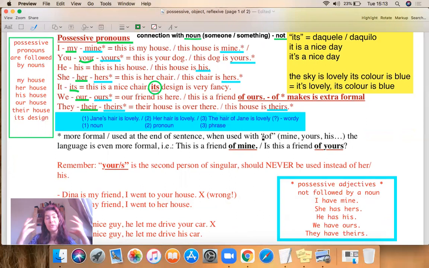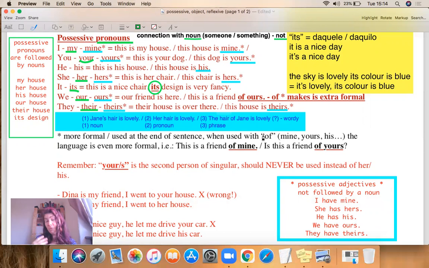And here we have a whole phrase, the hair of Jane. The hair of Jane is lovely. It's also correct, but you see how wordy it is. We're using so many words to describe the same thing. Usually in English, we prefer to say things in a more direct form.